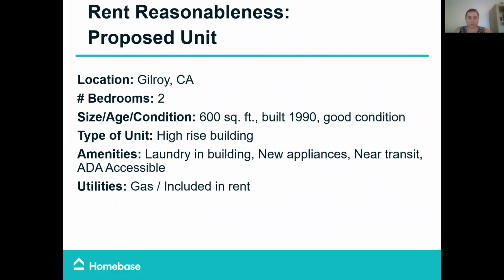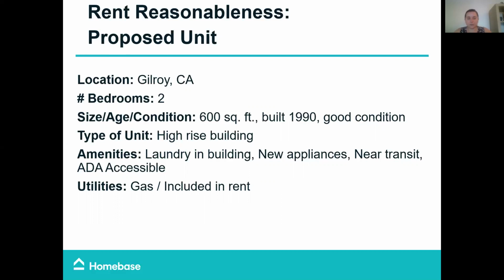Our proposed unit, and I will remind you of these details on subsequent slides, so no worries about detailed note taking. Our proposed unit is a 2-bedroom apartment in Gilroy. It is 600 square feet. It's in a high-rise building that was built in 1990, and it's in good condition.